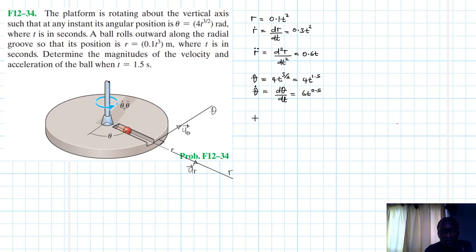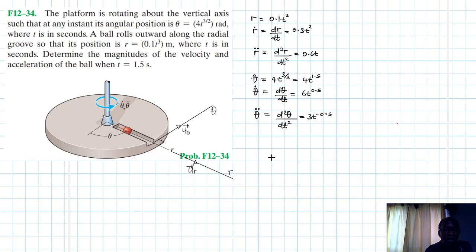And then theta double dot, which is the second derivative of theta with respect to time, is going to be equal to 3t to the power minus 0.5.